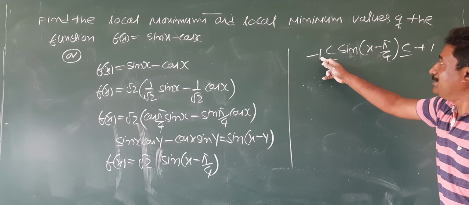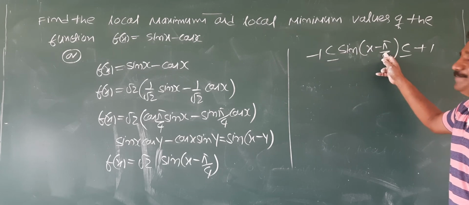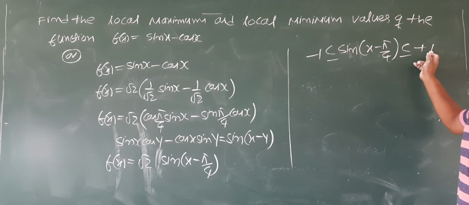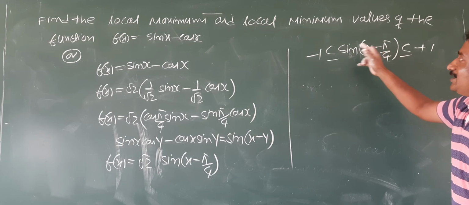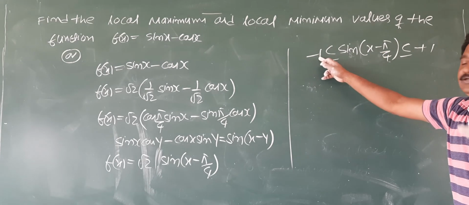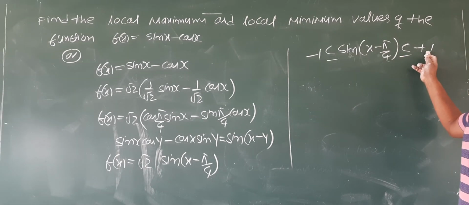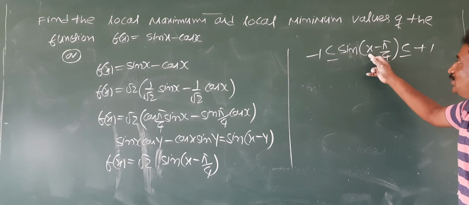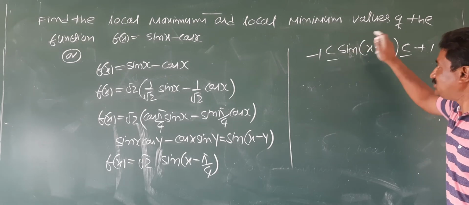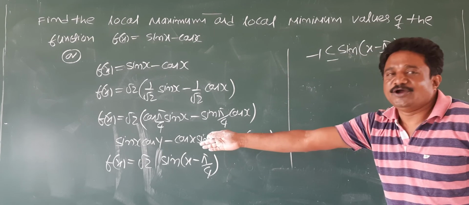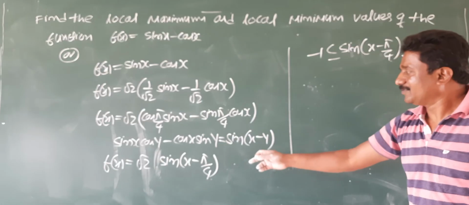Minus 1 is the minimum value of sin theta. Plus 1 is the maximum value of sin theta. If I substitute the minimum value of this quantity in this, I am going to get the minimum value.